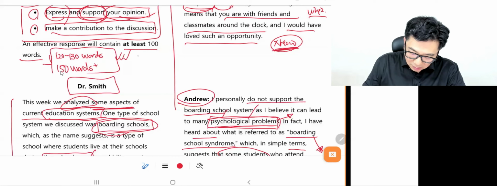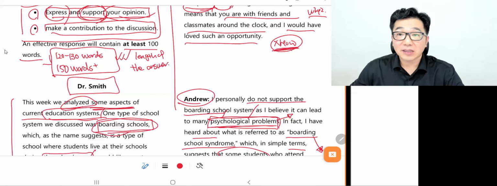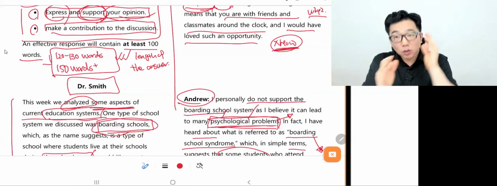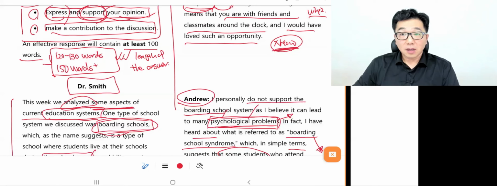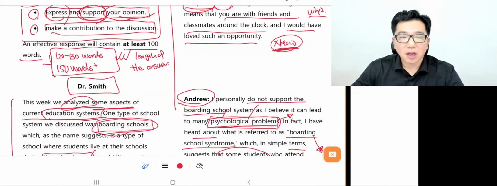Even the perfect length of the answer is and should be the same between the two questions: question 1 in speaking and question 2 in writing. It's pretty much similar questions.